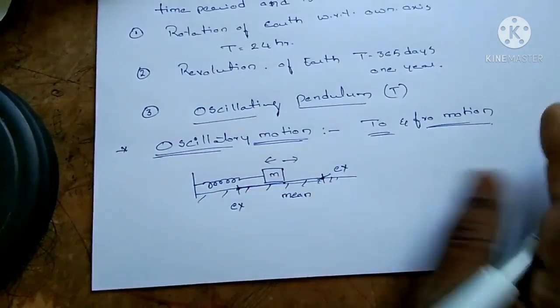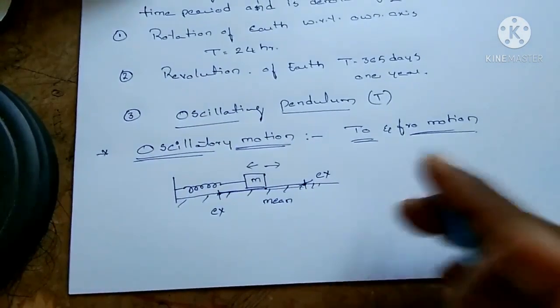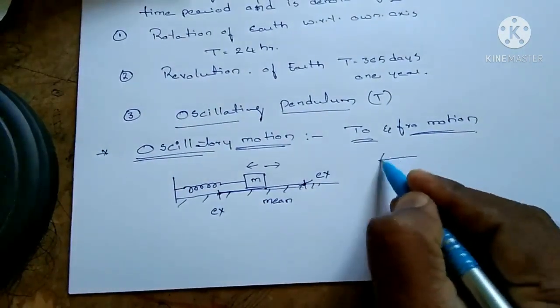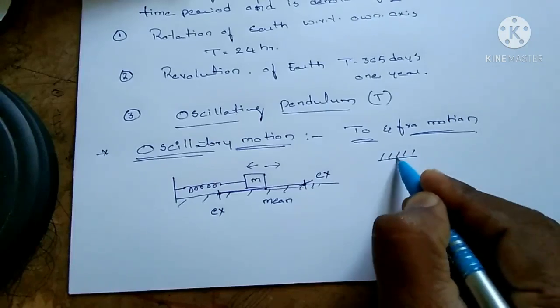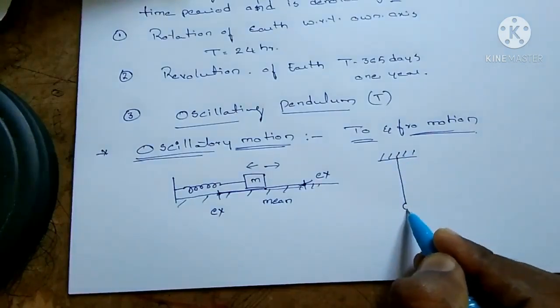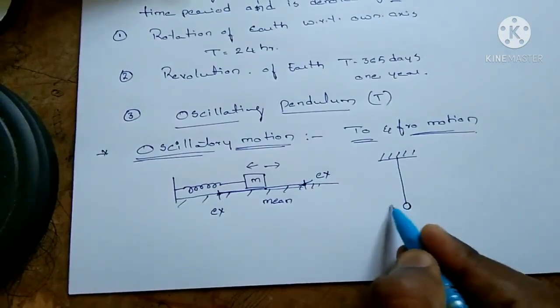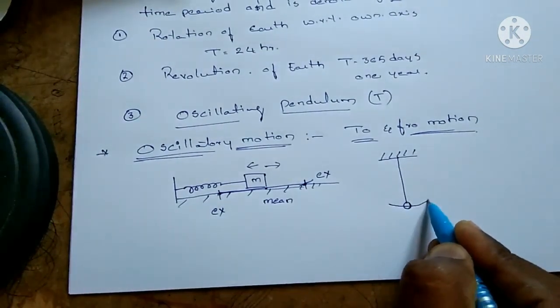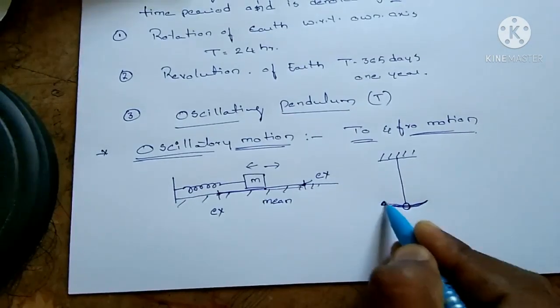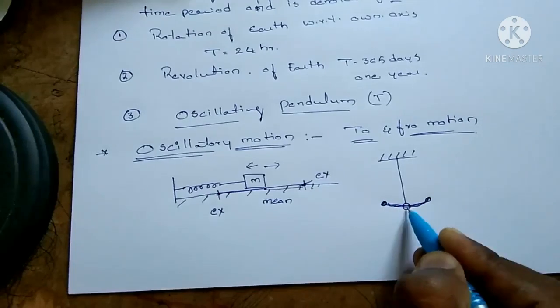And another example I can give you, consider a simple pendulum, and if I move it to a side and leave it, it starts oscillating like this. Here this is extreme 1 and this is extreme 2, and this will be the mean point.